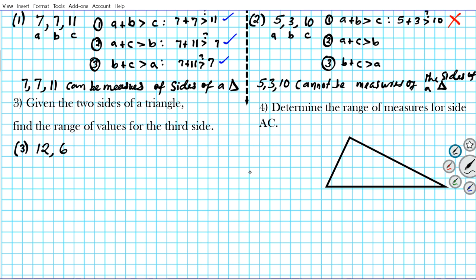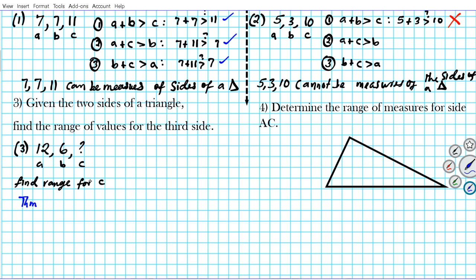So we're going to use the second part of our triangle inequality theorem. Okay, so the third one is a question mark. Let's label them A, B, C. Doesn't really matter the order. So what range for C? So we need to find the range for C. So according to the theorem, what do we know?